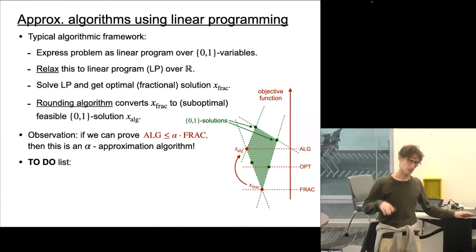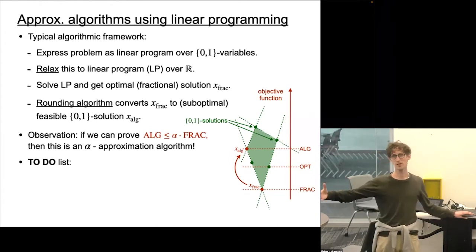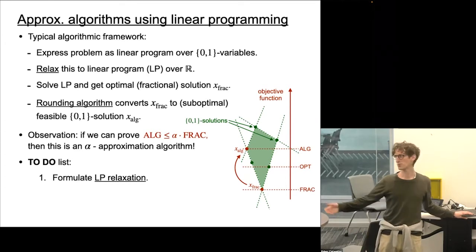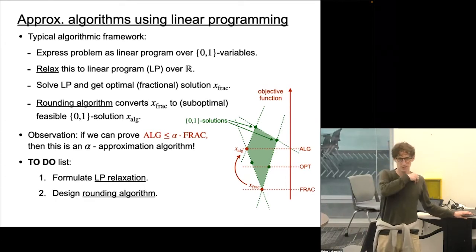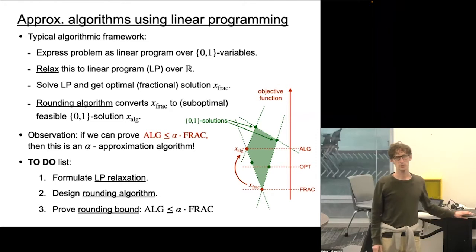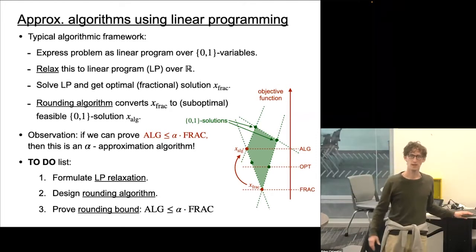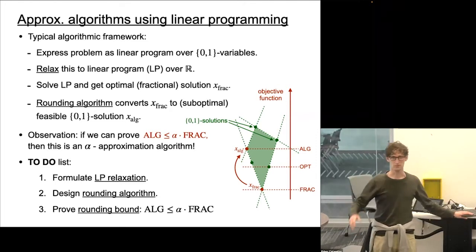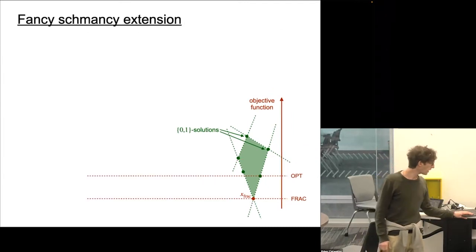I'm putting this as bullet points so that we can follow along in the talk. We're going to have three main goals. One, formulate the right LP relaxation. Two, design the right rounding algorithm. And three, analyze it and bound the loss in that.